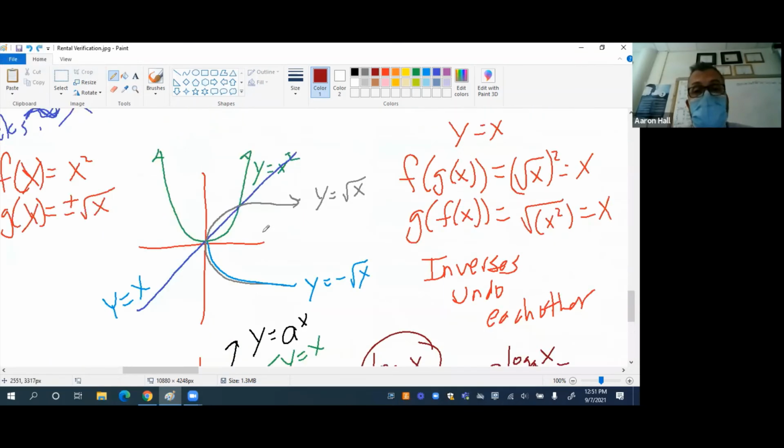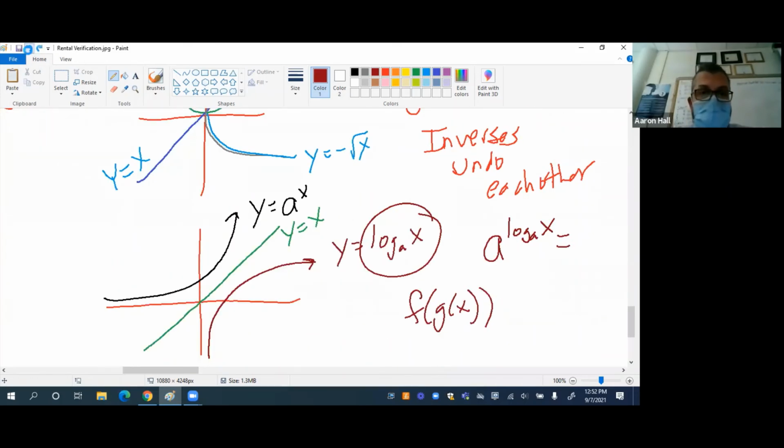We did this before up here. When I plug a function inside of the other function, I have to get x. That's what inverses do. Inverses undo each other. So I take this side and plug it inside, and that should give me x.